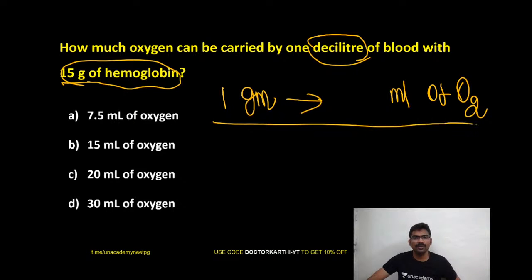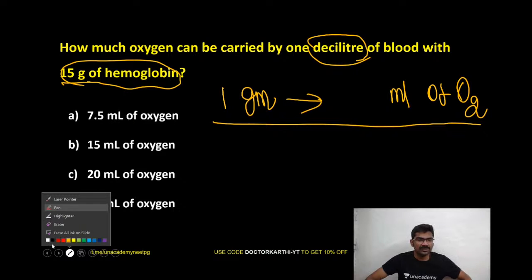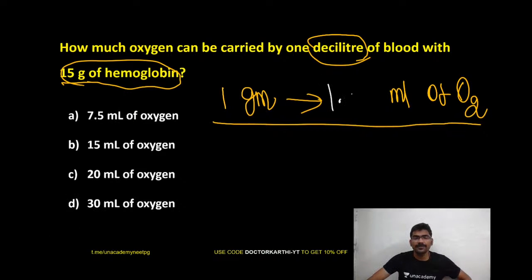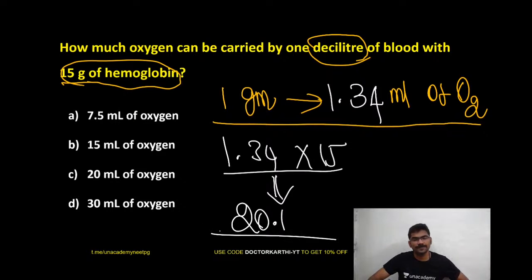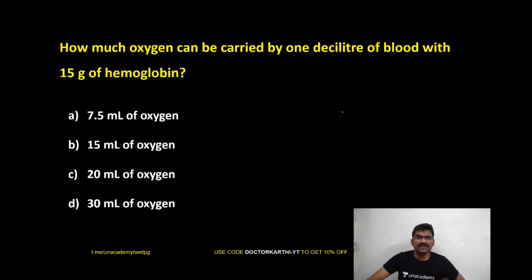1 gram of hemoglobin will bind, excellent Dr. Deepan, 1.34 ml of oxygen. So 1.34 into 15. What will you get? You will get 20 point something. So the answer is 20 ml of oxygen. What do you understand by deciliter?